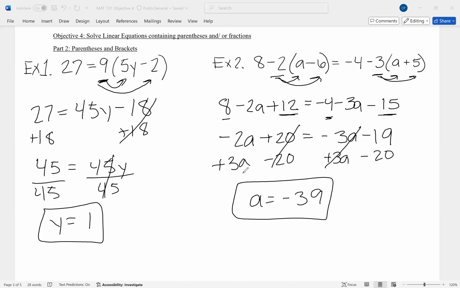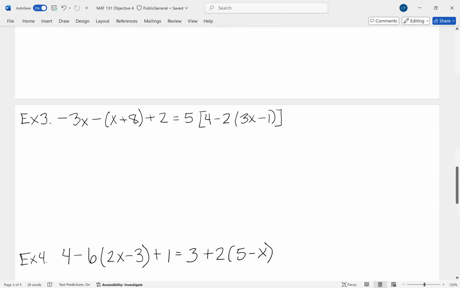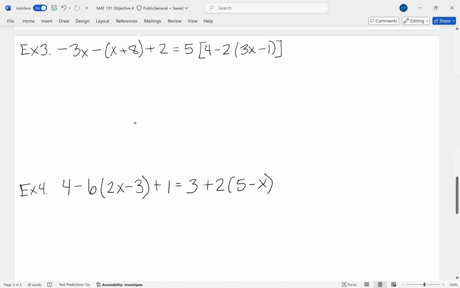Now let's look at one that has some brackets. So for example 3, we have negative 3x minus the quantity x plus 8 equals 5 times the bracket 4 minus 2 times 3x minus 1, okay?